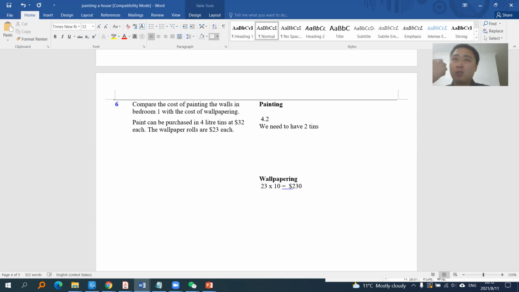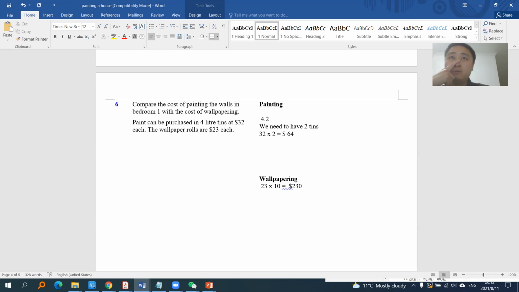And we know the cost for one tin is $32. So 2 tins is 32 times 2. That gives you a price of $64.